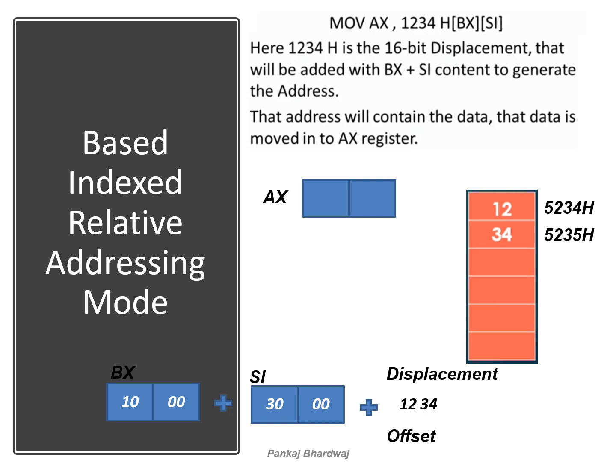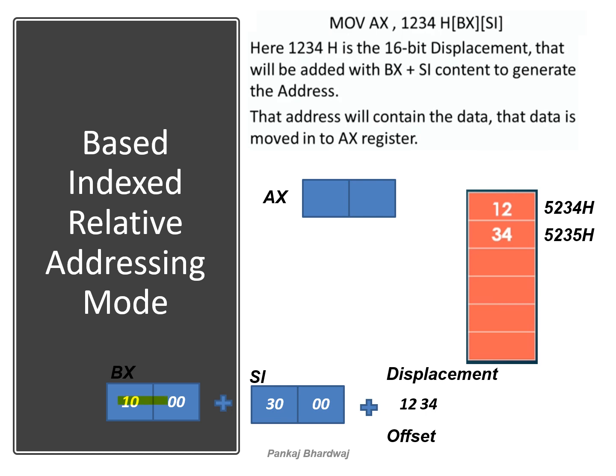Next is based index relative addressing mode. To get the address of the memory location where the operands are available, we will add these terms, that is base index register plus source index register plus the offset, either 16-bit or 8-bit.